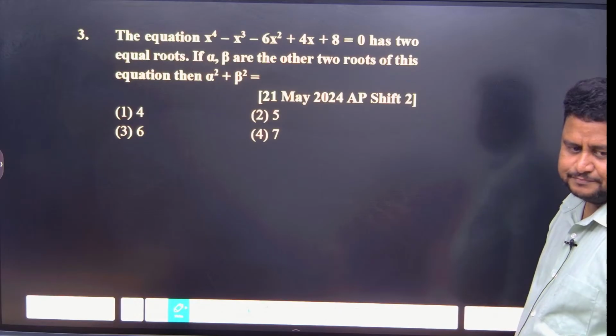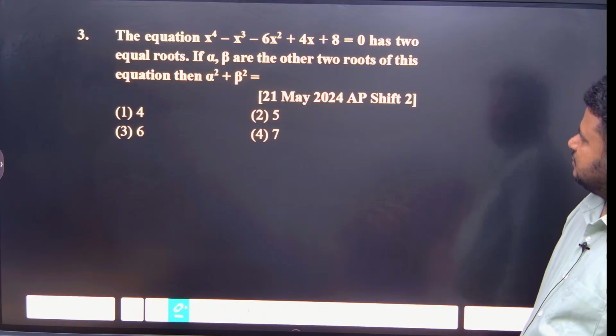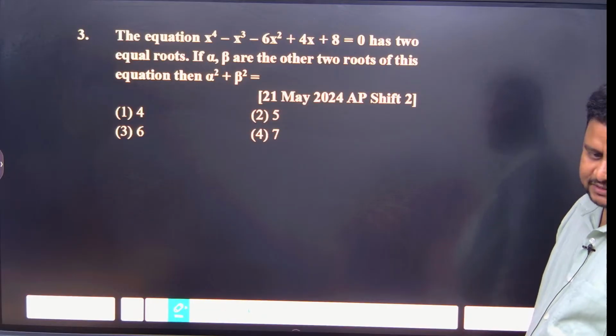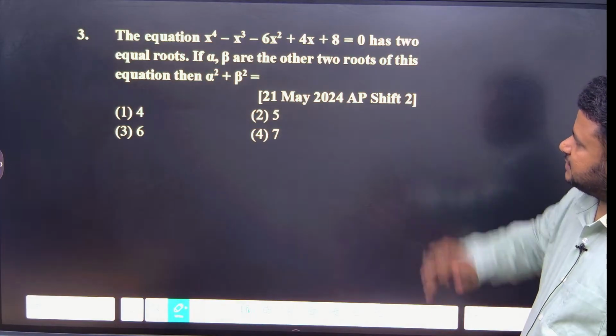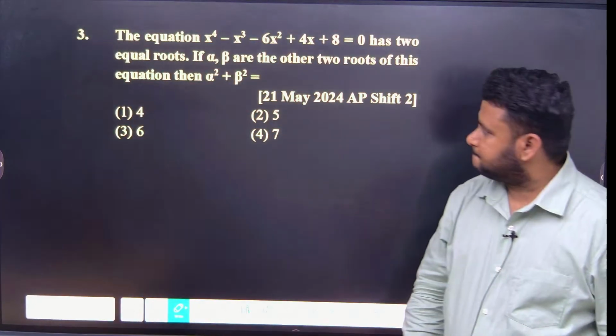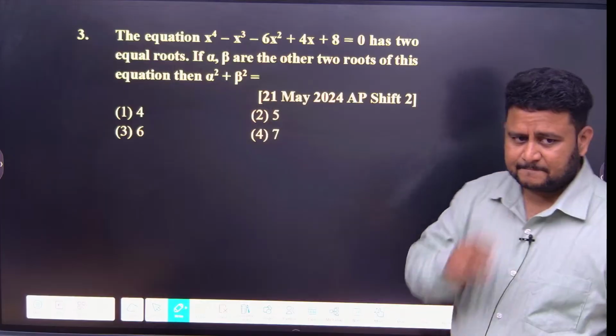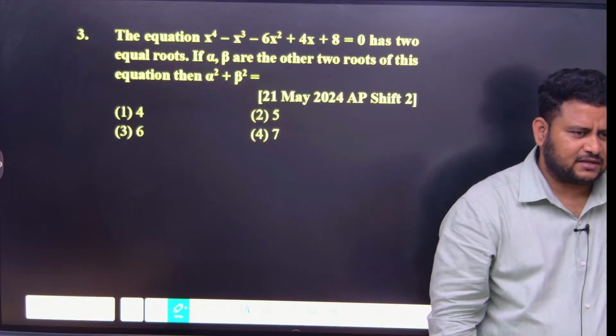How to solve this? First thing, you can find one of the roots using the trial and error method. Otherwise, you have to simplify that equation. How to simplify? Divide by x square.